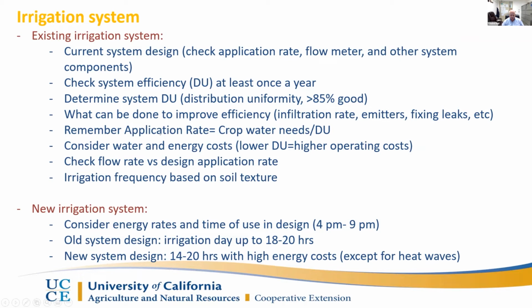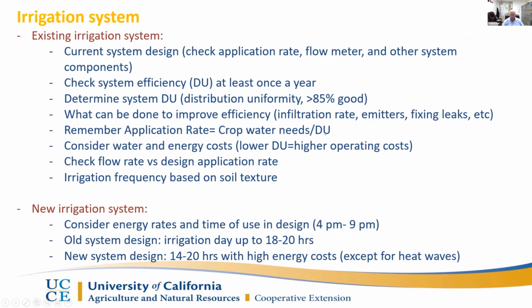We also want to consider, whenever we determine crop water requirements using any of the methods that I mentioned earlier, that it depends on the irrigation efficiency. So we always divide the crop water needs by distribution uniformity.